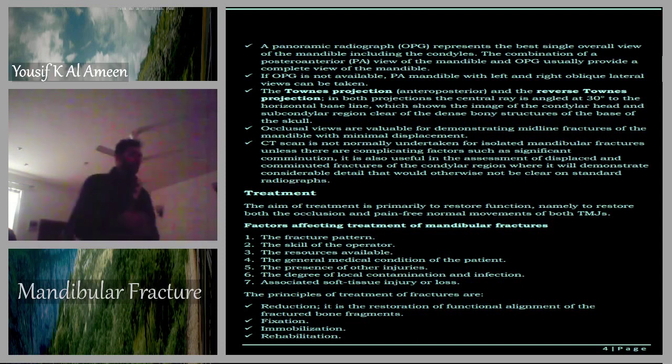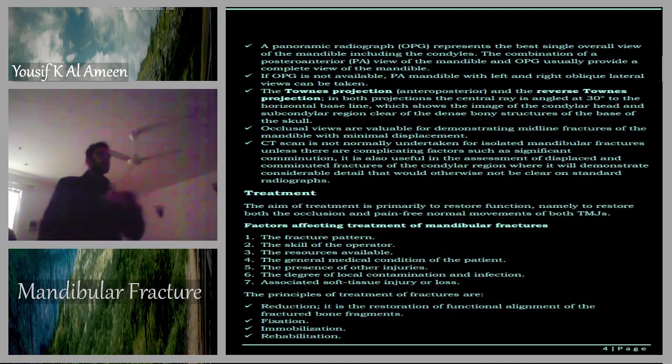Factors affecting treatment of mandibular fracture: the fracture pattern, the skill of the operator, the resources available, the general medical condition of the patient, the degree of facial contamination and infection, and associated soft tissue injury or loss.